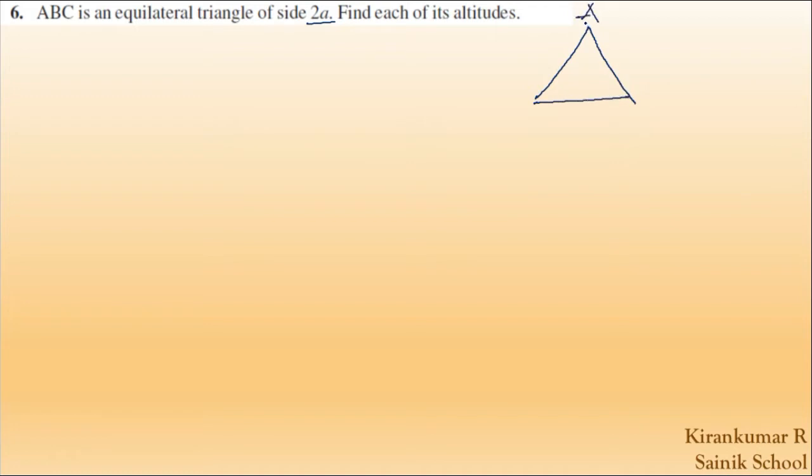Suppose I draw the altitude from the point A to the opposite side BC, let AD be the altitude. I need to find the length of the altitudes. Here they have given each side as 2A units.